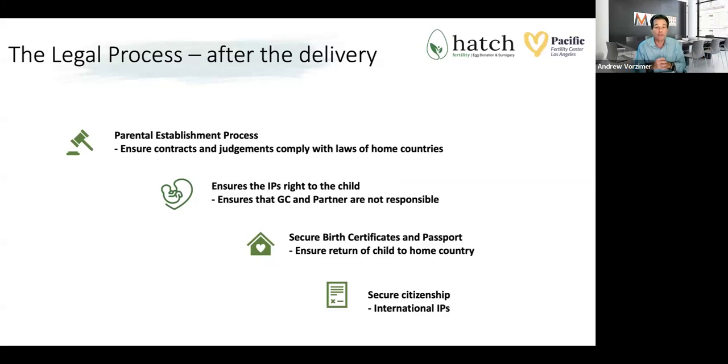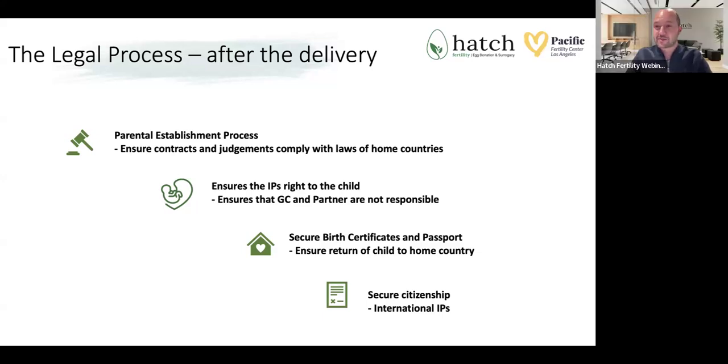Most of our clients want to return home 2 to 3 weeks after their baby is born. So in those situations, we're going to send them home on a US passport, coordinate with their attorney at home to register their child as a citizen of their home country. But under the US passport, you'll have 90 days as a visitor to register your child as a citizen from your home country.